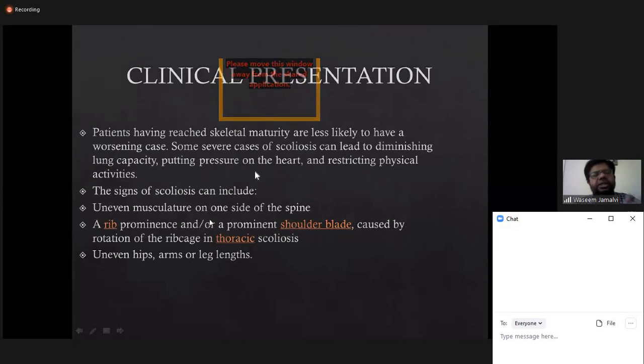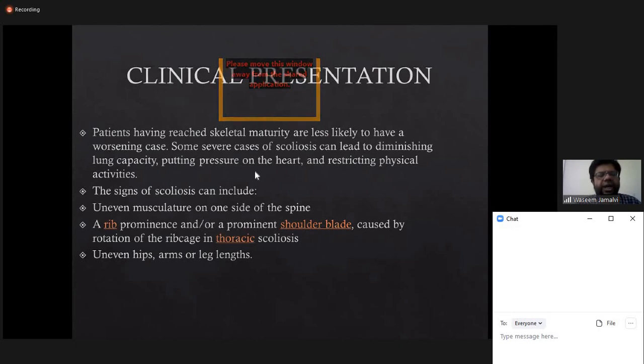It depends on the spine, so the ribs as well. If there is thoracic involvement, then the ribs are also in a different alignment, not in the usual position. And on this side, the ribs are shorter as compared to the other side, and there can be abnormal movement, and sometimes restricted movement of the lungs as well.